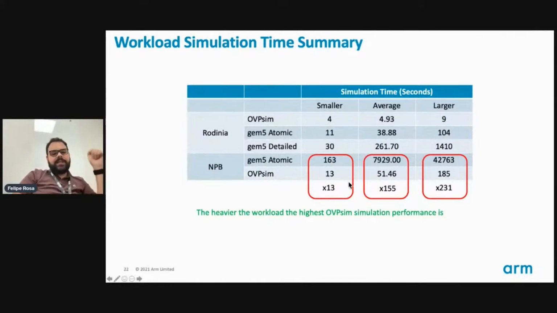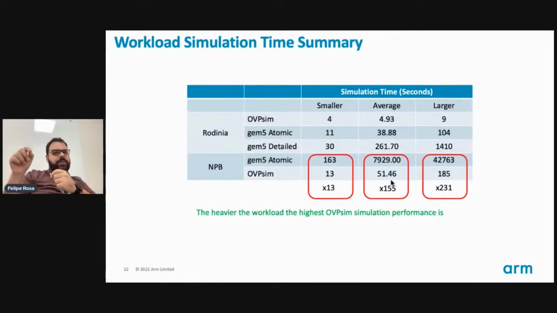And you see, the bigger the simulation grows, the faster the OVP sync goes, because the OVP doesn't need to keep all the context for the reorder buffer, the pipeline, the register renaming. So the longer the simulation goes, Gem5 is a little bit slower, and the OVP is faster and faster, because when you translate one instruction, it goes to a dictionary, so you don't need to translate it several times.